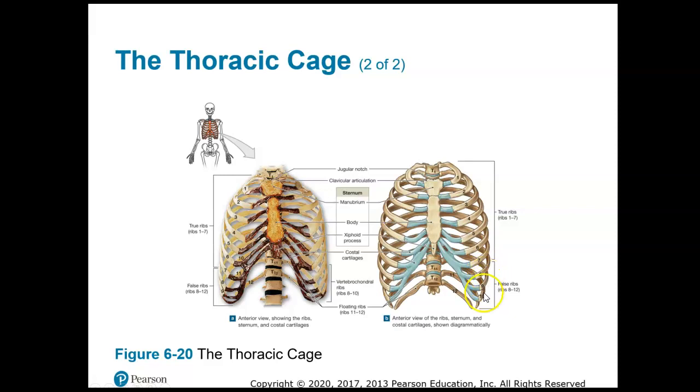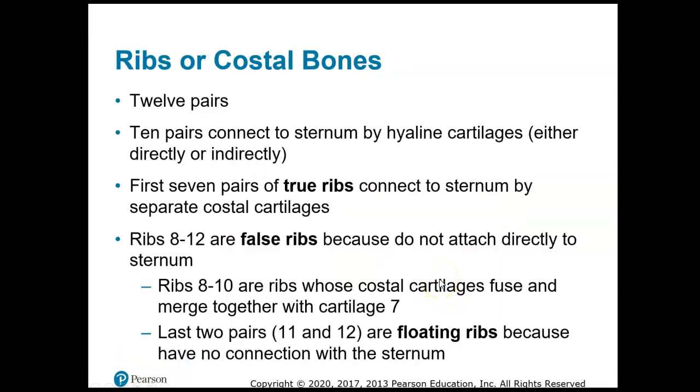They are pairs 8, 9, and 10 that are connected, but it's kind of an indirect connection. You have cartilage that connects to the cartilage that's directly attached to the sternum. So they're not directly attached like pairs 1 through 7 are. They're indirectly attached, so they're called false ribs. Pairs 8 through 12 are false ribs, and then specifically pairs 11 through 12 are floating ribs.